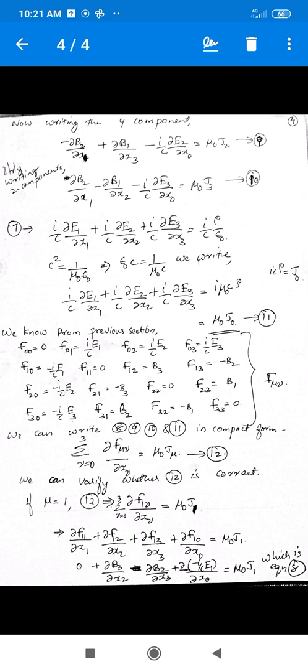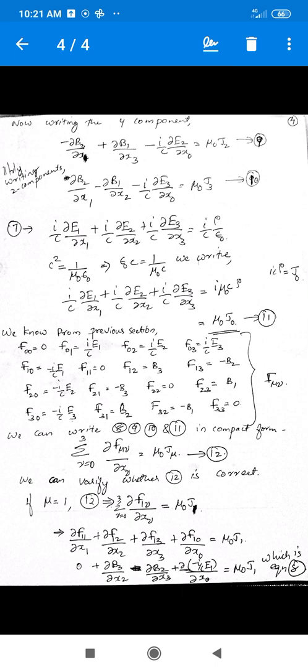By taking the components here, i by c E1, i by c E2, i by c E3, and also B1, B2, B3, minus B1, minus B2, minus B3 are all the components of F mu nu. You can see from the field tensor there. So we can write directly that field tensor, with the summation over nu.